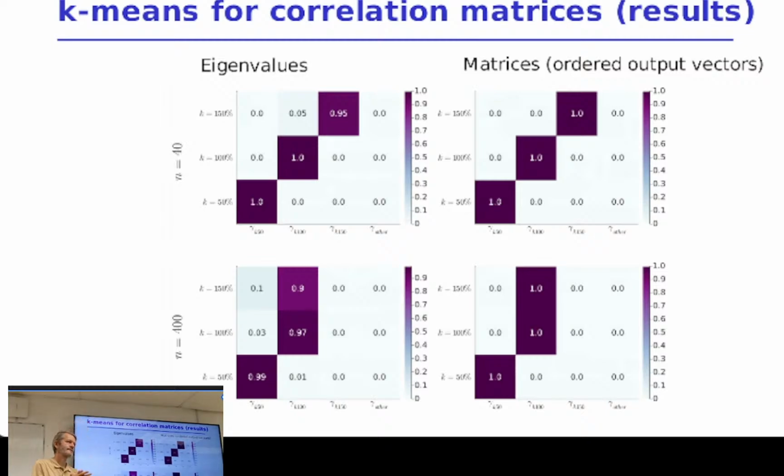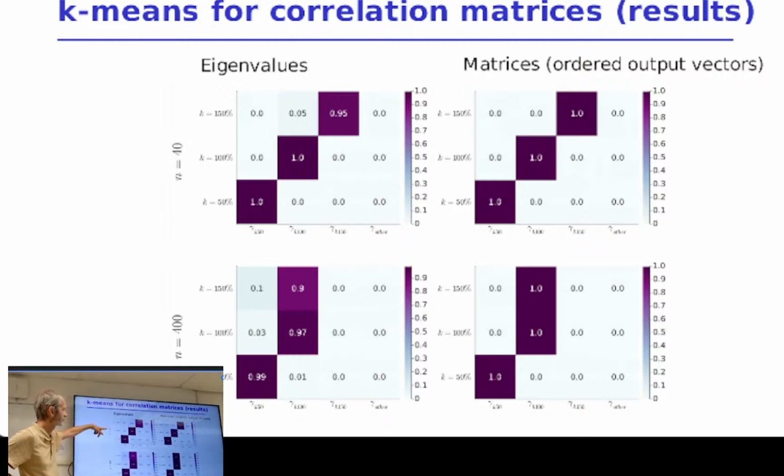We would expect that the correlation matrices which correspond to half filling would all fall into one cluster, the correlation matrices with 100% filling in another cluster, and with 150% filling in still another cluster. At least for a small number of neurons, this is in fact what you can observe.